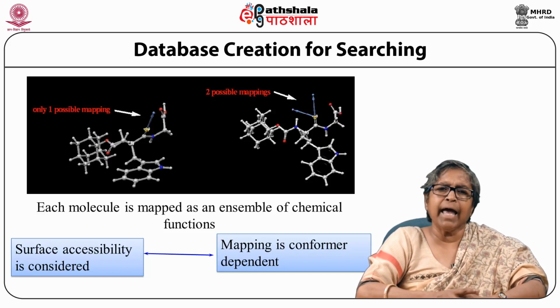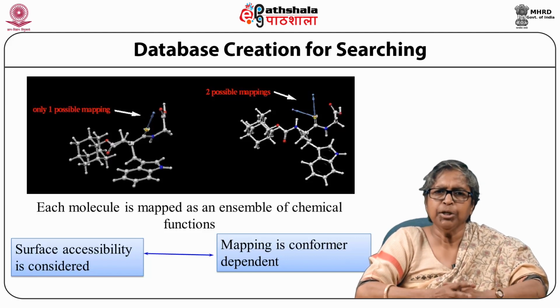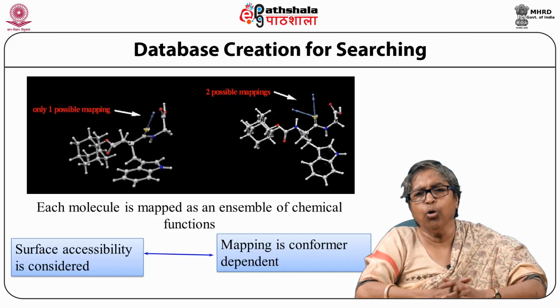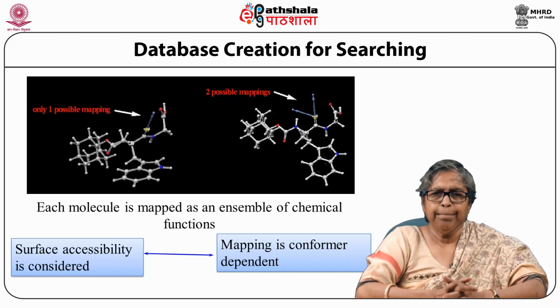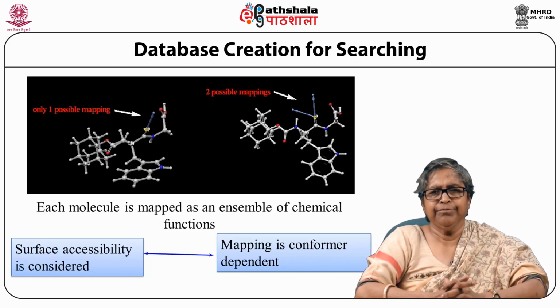Also, surface accessibility is considered very important to design the compounds or decide which compounds and which features to give the mapping. Mapping also depends on the conformers. Hence, we must remember this while searching for pharmacophores and getting new compounds. We must try to fit them in every possible conformer it can fit.